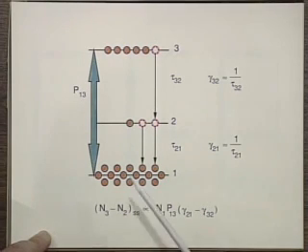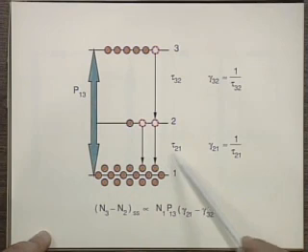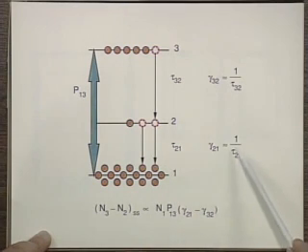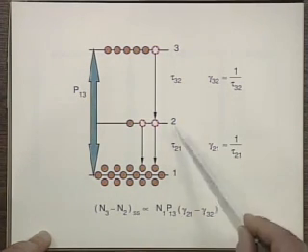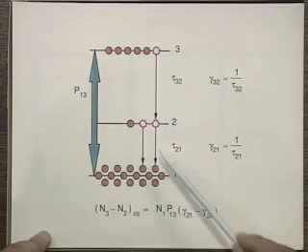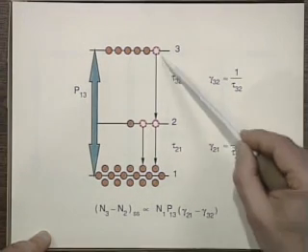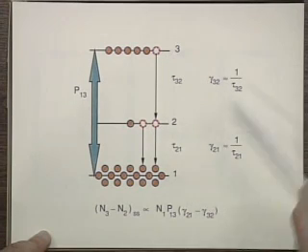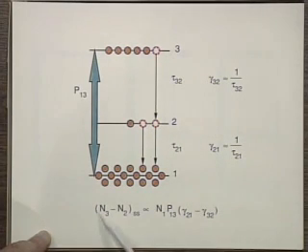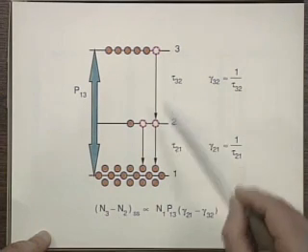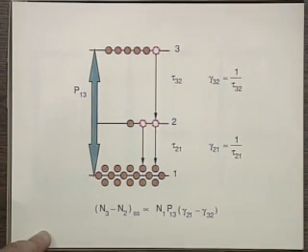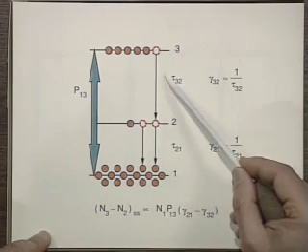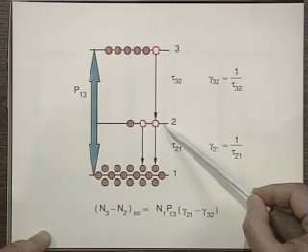So the key thing here is to make the relaxation rate, what we call gamma 2-1, which is 1 over the effective lifetime between level 2 and 1, bigger. Gamma 2-1 has to be bigger than gamma 3-2, which is 1 over tau 3-2. So in order to maintain N3 minus N2 as something positive, more than 0, in the steady state, we need to have this decay rate gamma 2-1 faster than the decay rate into level 2.